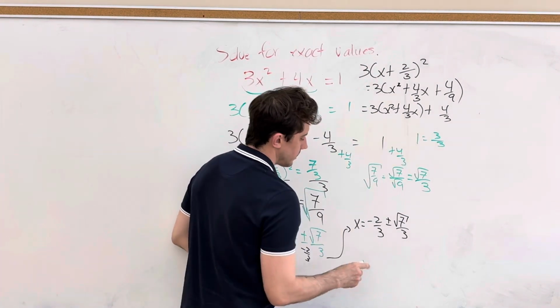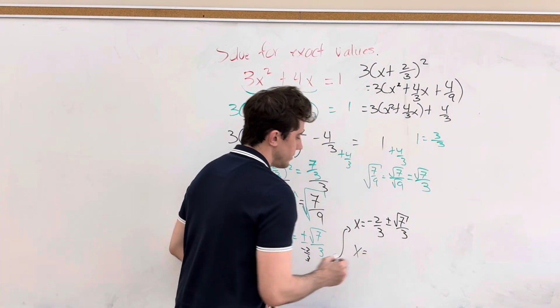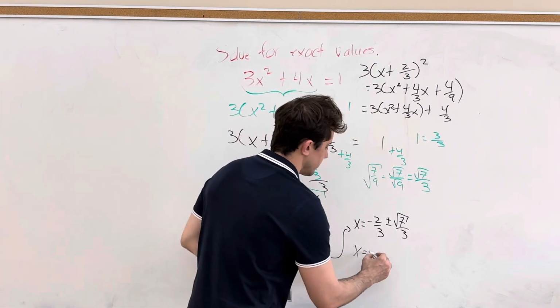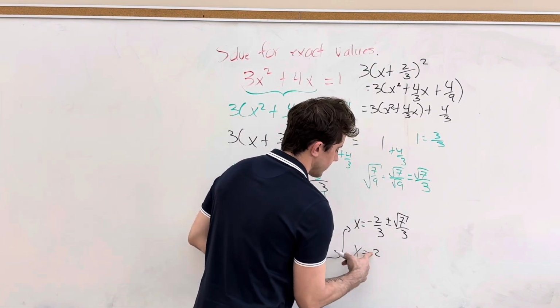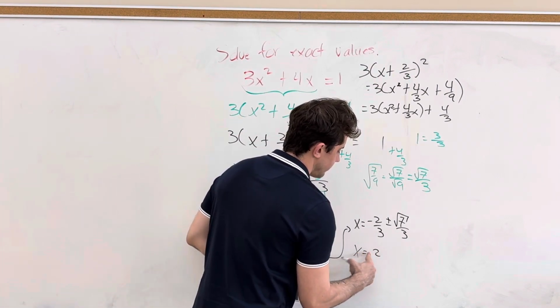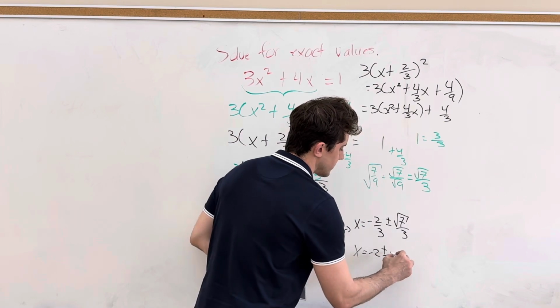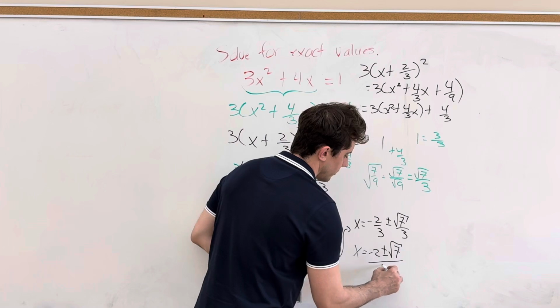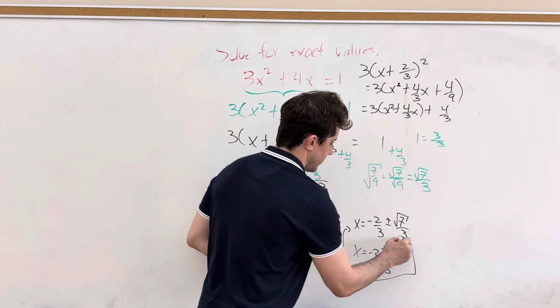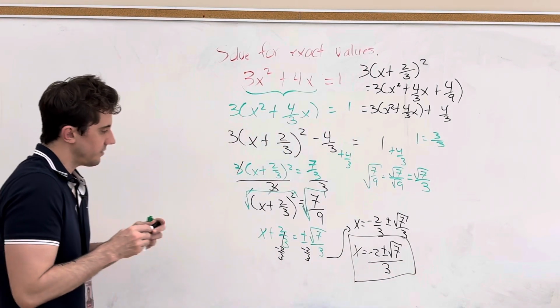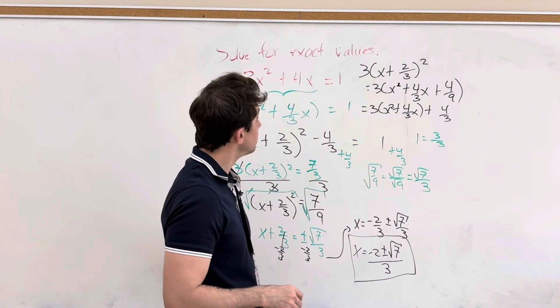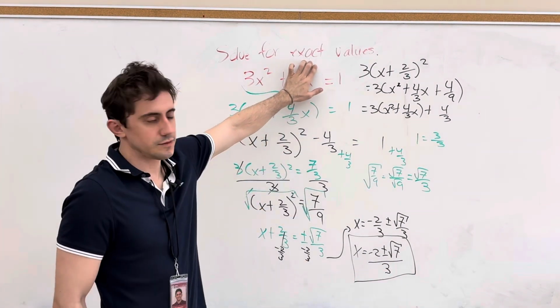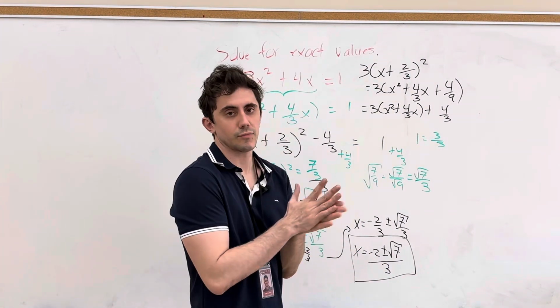We have our common denominator, and so let's write this over 1 common denominator. x is negative 2 plus or minus root 7, all over 3. And we can leave our solutions like so, because we wanted exact values, not a decimal approximation.